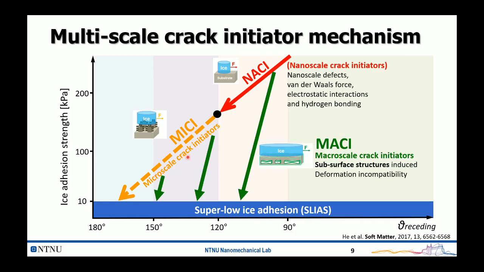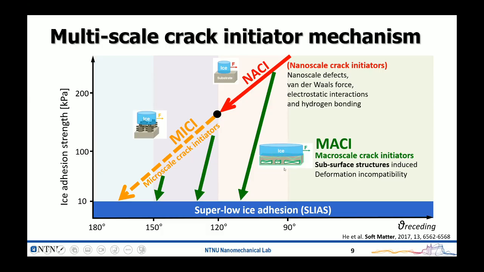Here then comes our proposal, this macroscale crack initiator. Different from NASI and MISI, which work on the interface between ice and surface, now we work on the subsurface structure. We try to introduce subsurface structures into the surface.